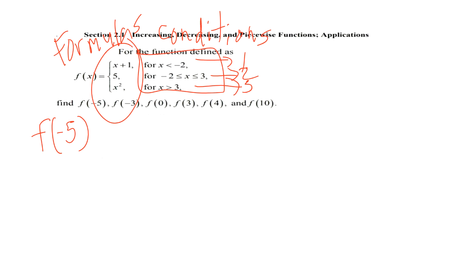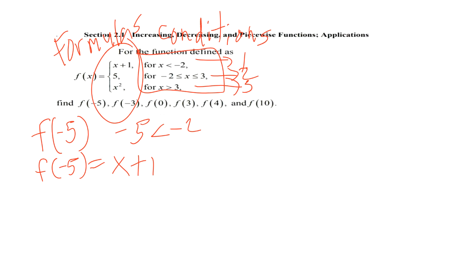So it seems like it's the first condition. So it says that -5 is less than -2. So I would use the formula x plus 1. And to find the output, now I just have to replace x with -5.